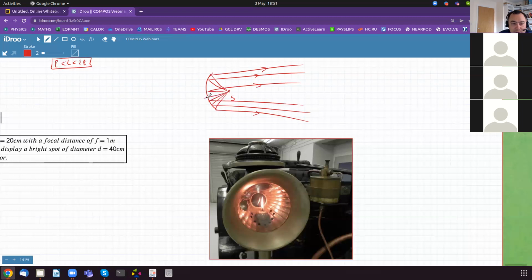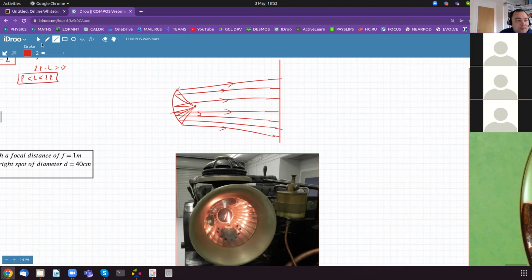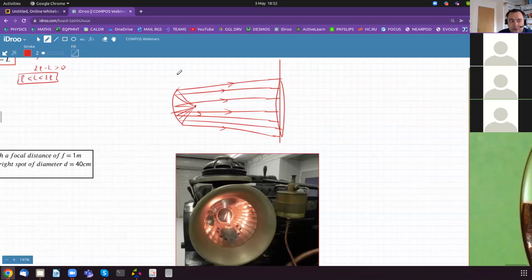This is how it works. And if you place a screen 12 meters away from the mirror, then you should see a bright spot, exactly what you see when you shine a flashlight on a wall. If you have any questions, do let me know. But it should be quite straightforward.